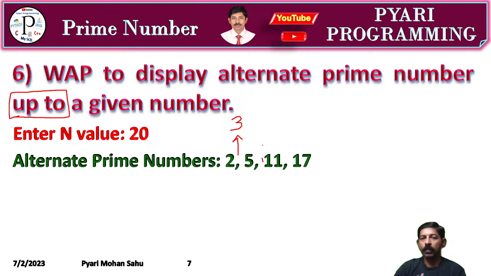5. One prime number I am skipping over here because it's alternate, it's called 7. One prime number I'm skipping over here because it says alternate, that is 13.